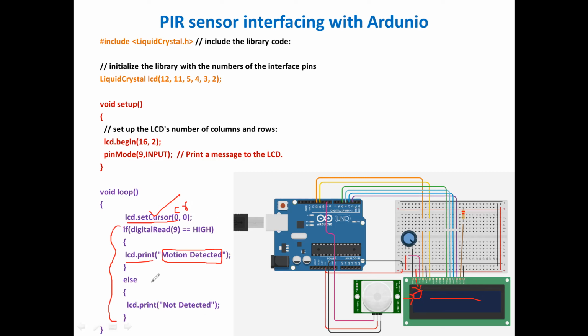You can develop whatever application you want depending on the 9th pin. If a high signal is received on the 9th pin, motion is detected. Since you are interfacing an LCD, you should add the LCD library file, the LCD pin setup, and in setup you have to configure your LCD. These are the basic things, nothing important.